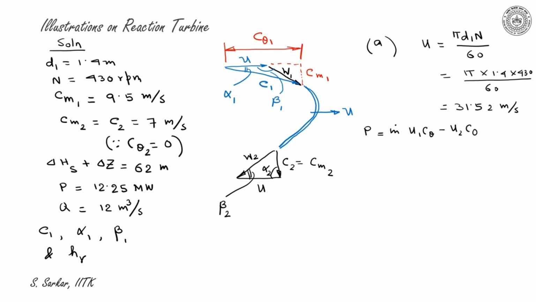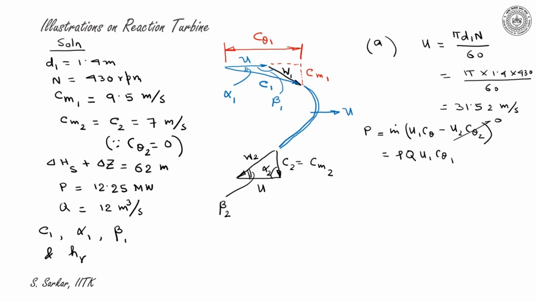So what is P? P is 12.25 megawatt. So 12.25 into 10 to the power 6 is equal to density 10 to the power 3, value of Q is given as 12, u1 I have evaluated as 31.52 into c theta 1.